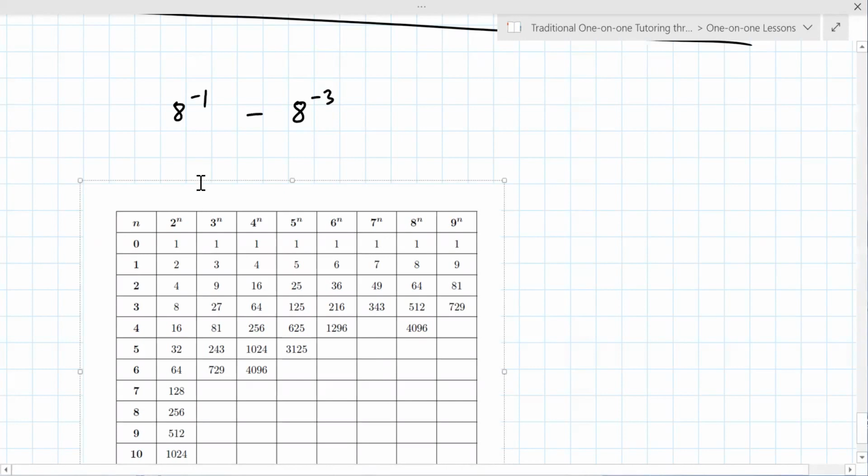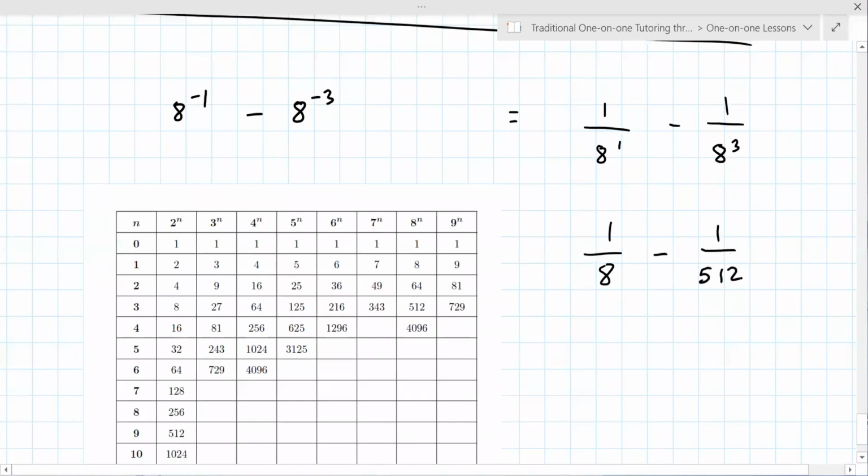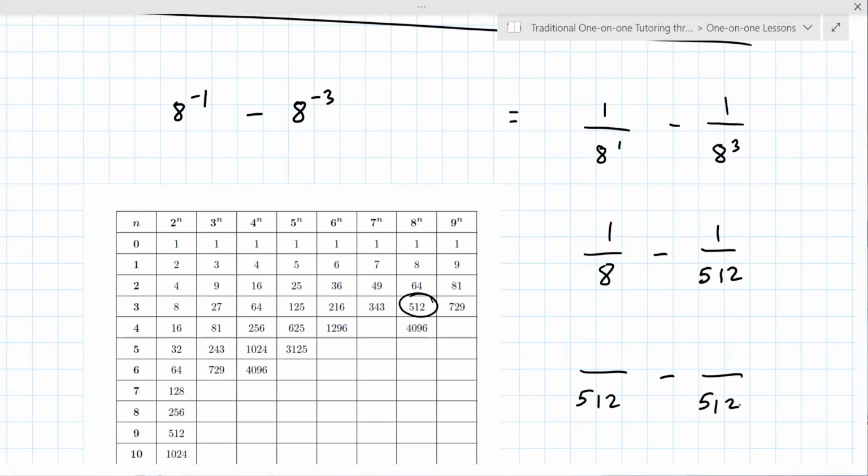How are you doing on this one? So this is 1 over 8 minus 1 over 8 cubed. 8 cubed is 512 from our chart. You can see that. And so now you've got to make a common denominator. 512, right?